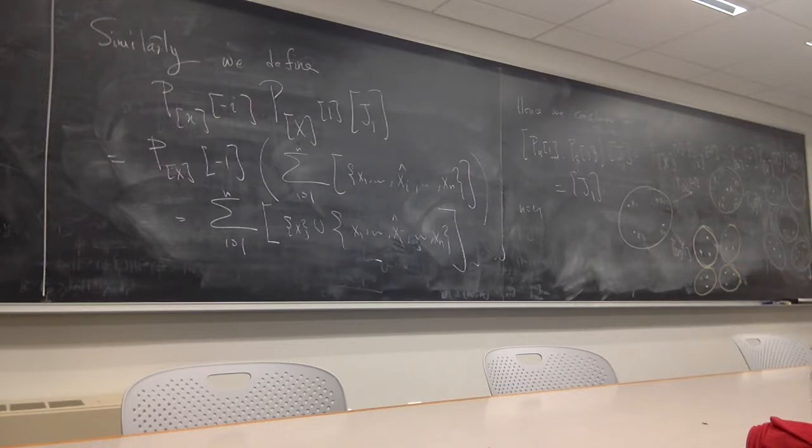And you can see that if I add now P of x minus 1 to this thing, what do I get? There are basically 4 sets, and I will get all of these things except the middle.